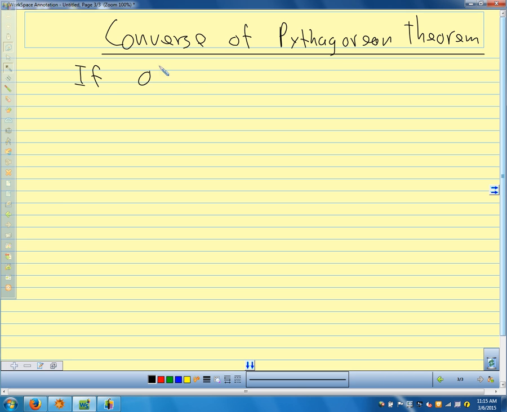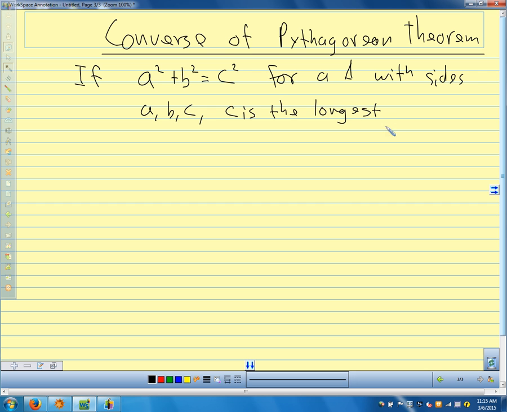The converse of the Pythagorean theorem says that if a squared plus b squared equals c squared for a triangle with sides A, B, C, C is the longest, then the triangle is a right triangle.